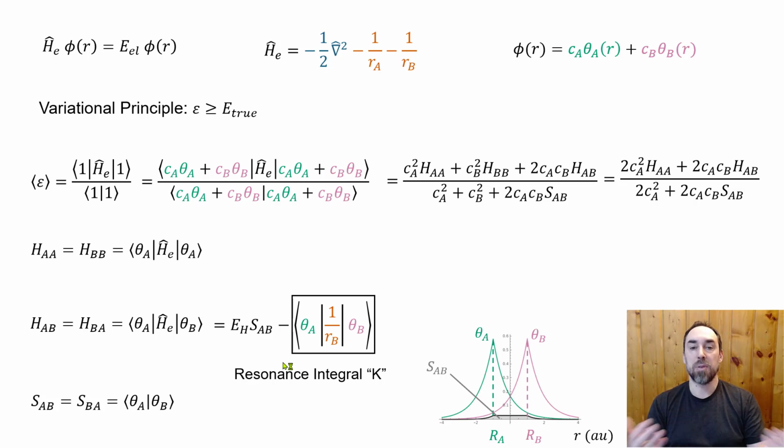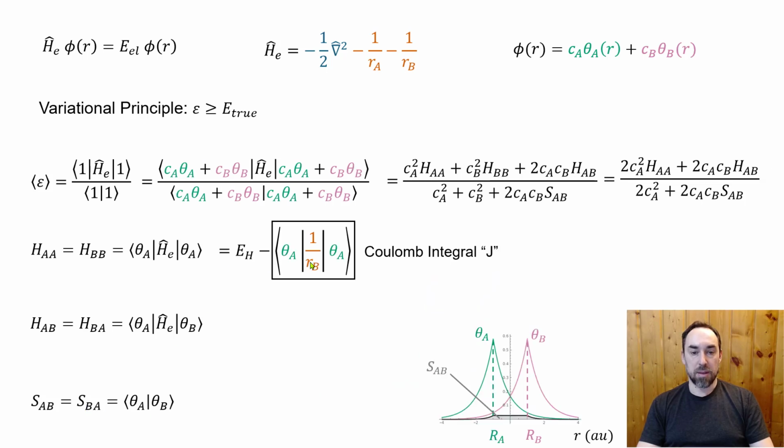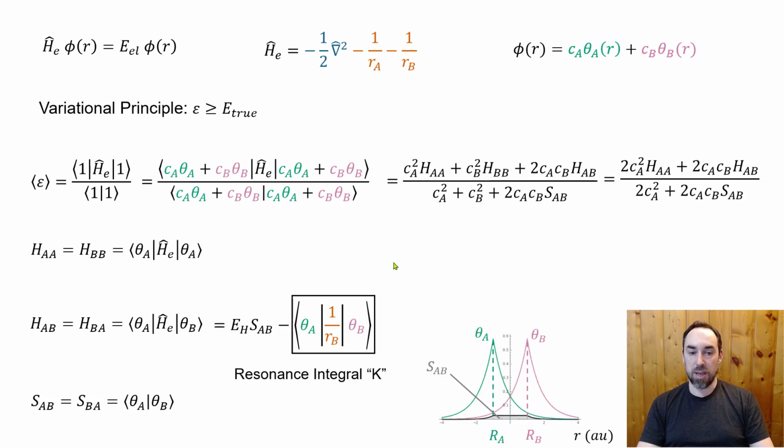And we have seen there are three terms that arise: the overlap integral S_AB, the Coulomb integral J, and the resonance integral K.